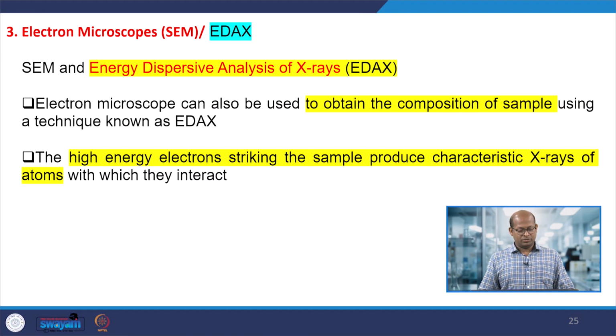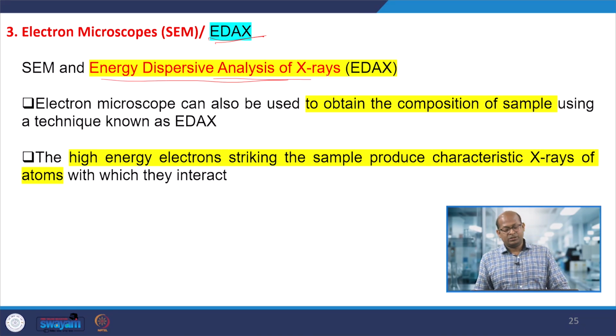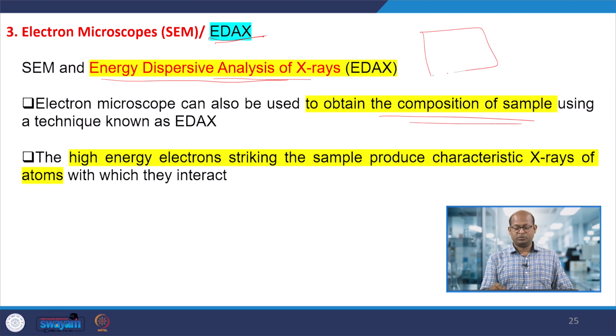Not only the image, with that we can also do EDAX analysis, energy dispersive analysis of X-rays. The X-rays come from the specimen and we collect them with the help of detectors. This gives elemental or composition analysis of the sample, for example a specimen made of two or three elements, maybe copper, maybe iron.